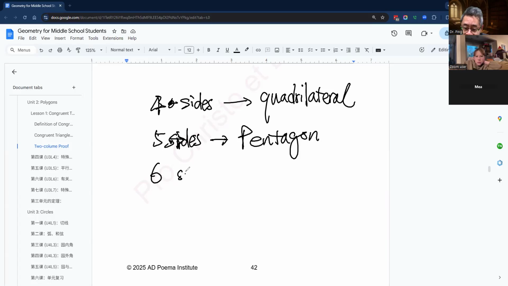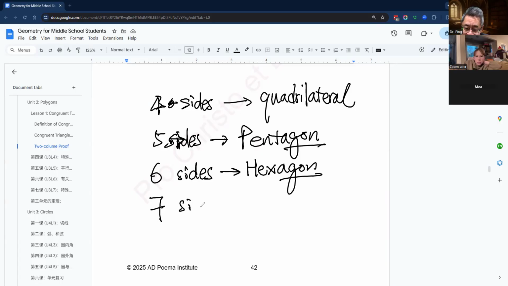Six sides. Hexagon, very good. Hexagon, you can see there is always an A here. Agon, agon, seven sides.